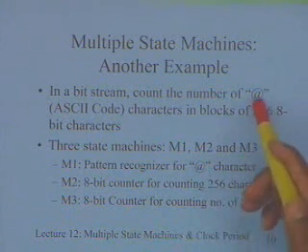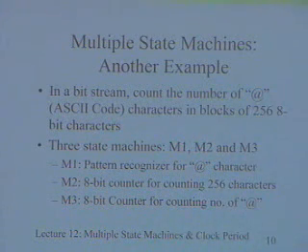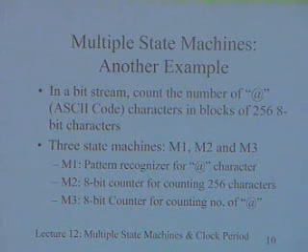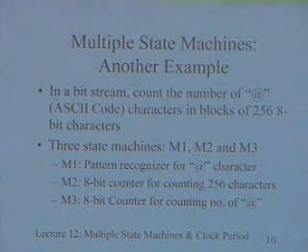So there is some ASCII character code for this, and I can do a pattern match for that particular character. But there are two things here. Now there are two synchronizations that are required, two blocks. One is the character block. You look from 0 to 7 bits, then 8 to 15, then 16 to 23.